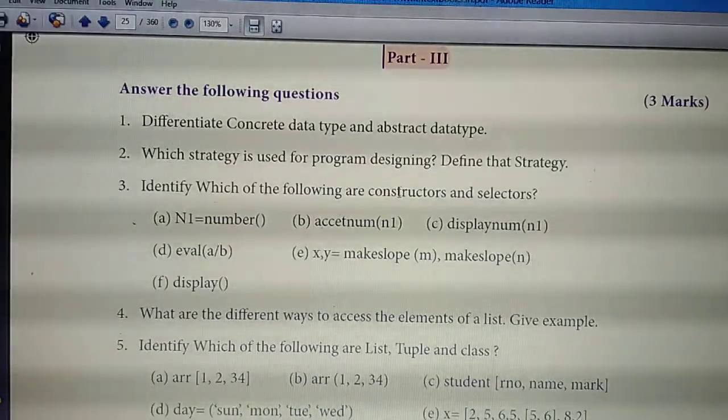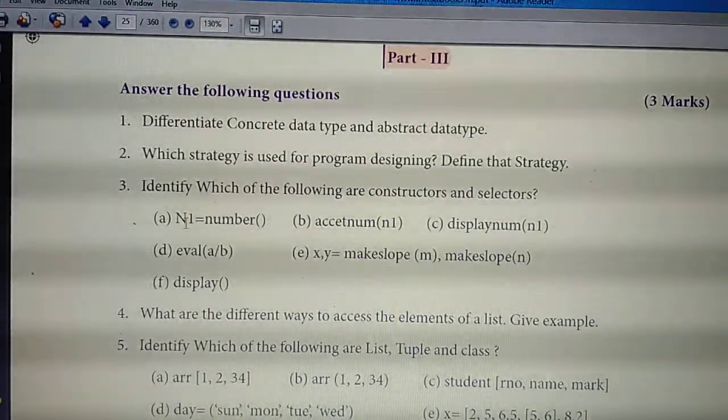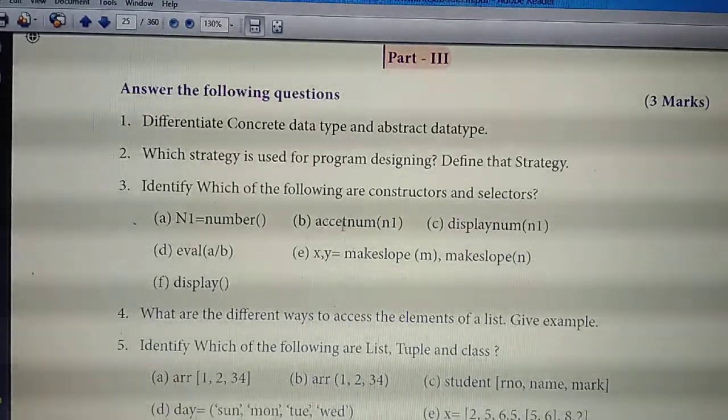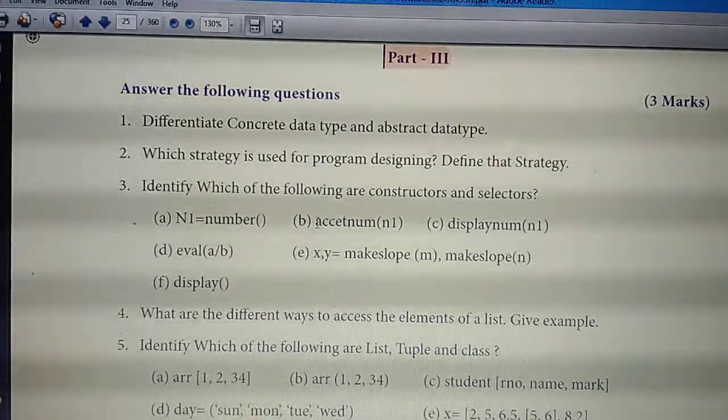Then B is selector. The answer of B is selector. Have you all written? B answer is selector.